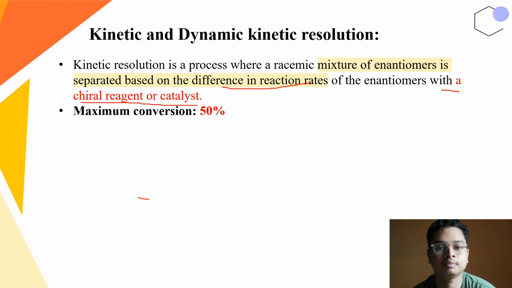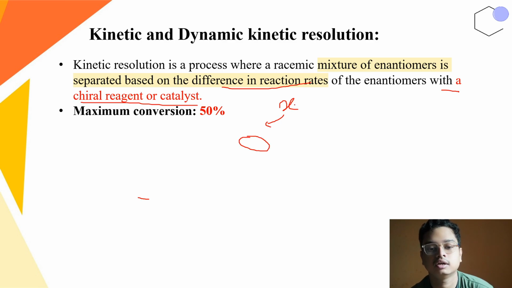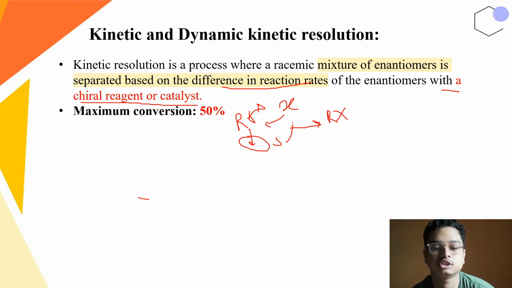Sometimes it is observed that an amount X is added to the racemic mixture. Sometimes it will be observed that the R enantiomer present in the racemic mixture mainly reacts with the X compound, our external chiral reagent or catalyst, and this is formed, but the S enantiomer won't interact.